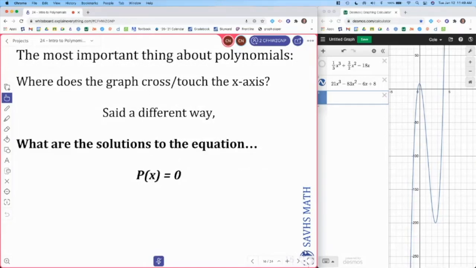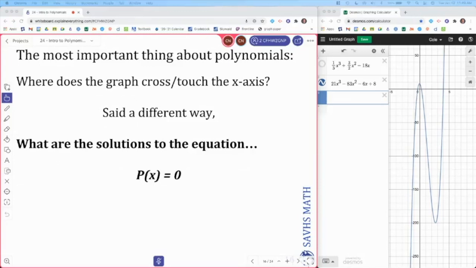Okay, so what we really need to know about for polynomials is this. One of the big focuses of this unit is, excuse me, my voice just cracked so bad, to figure out where the graph crosses the x-axis, okay?